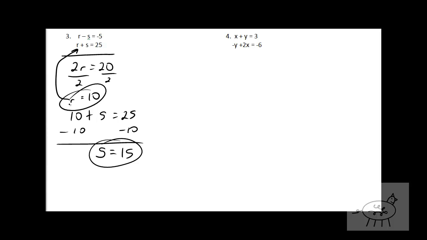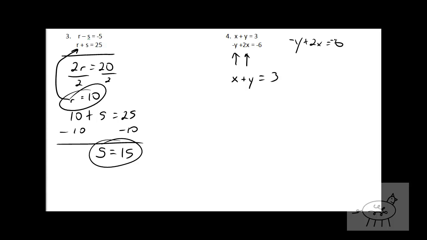Okay, number 4. What's the issue that I have here? Okay, remember I said the x's need to line up and the y's need to line up, and they're not. The y is on the left side of the x. So the first equation I'm just going to write as x plus y equals 3 because that's good. And the second equation, here, I'm going to write on the side, negative y plus 2x equals negative 6. So guys, I don't need to add and subtract because it's already on the correct side.